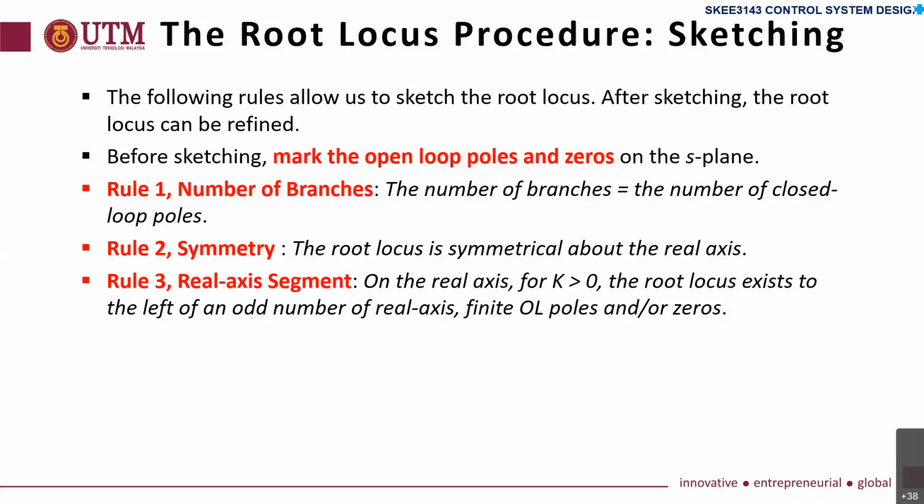Here, there are 9 rules to help us to sketch the root locus. The first 5 rules are the basic rules, but later numbers 6, 7, 8, and 9 are used to refine the plotting. Number 9 specifically is very important in order to analyze the root locus.